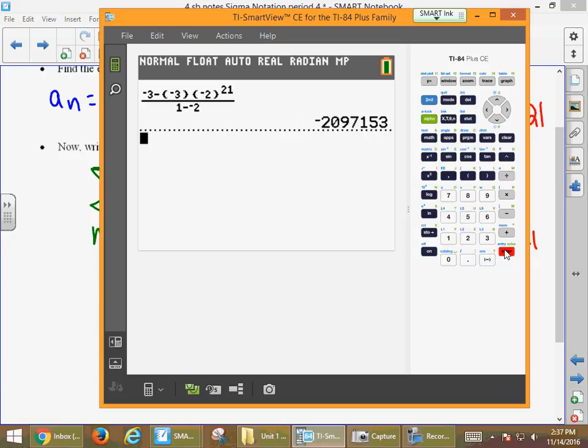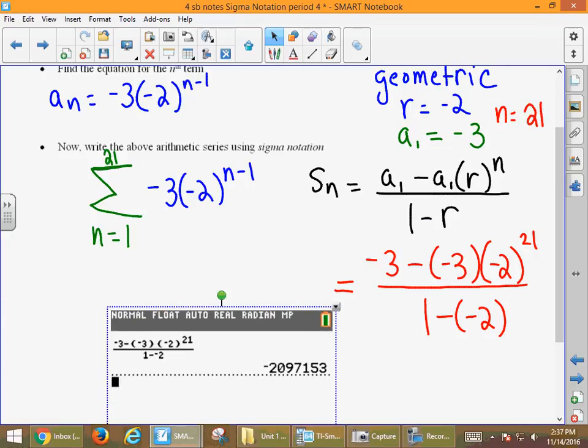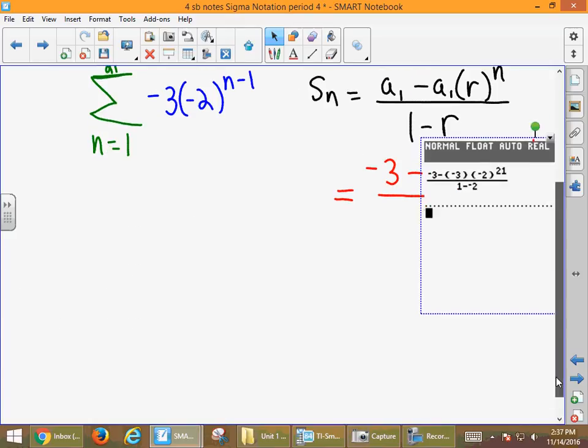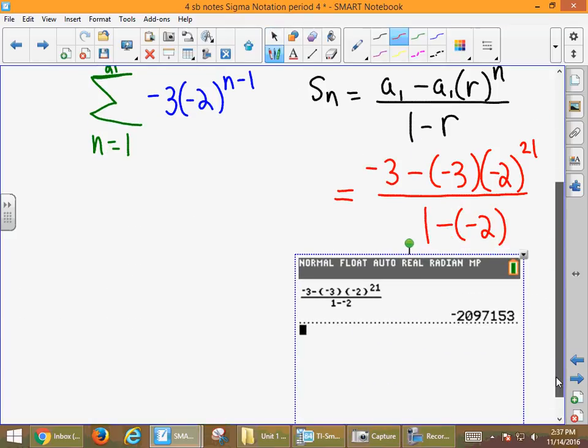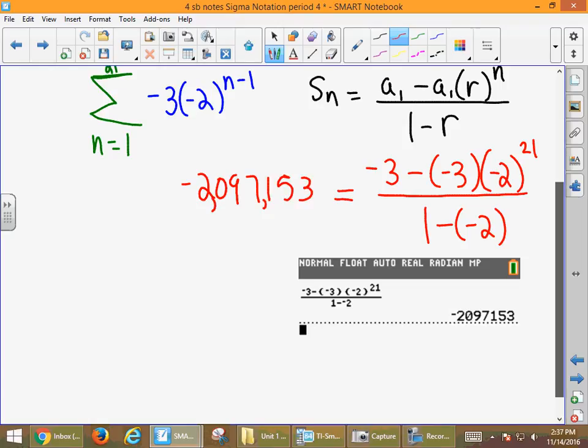And that gives us our value there, which is -1,097,153.